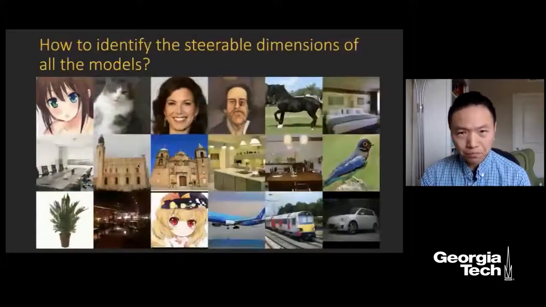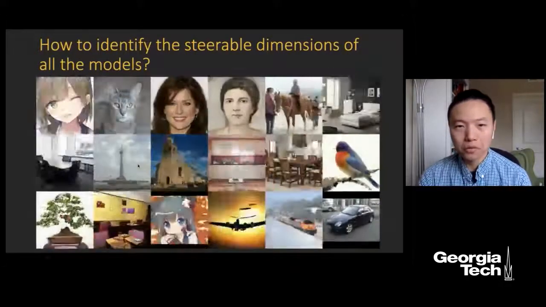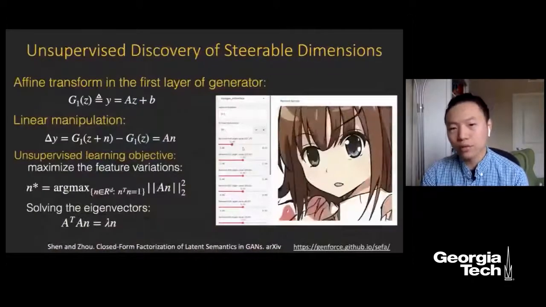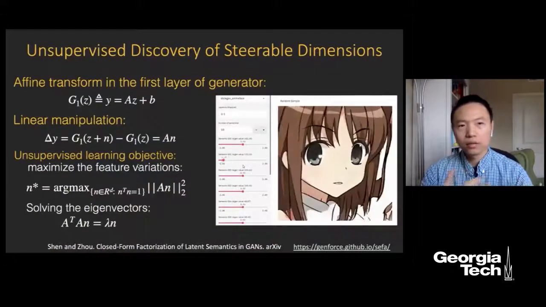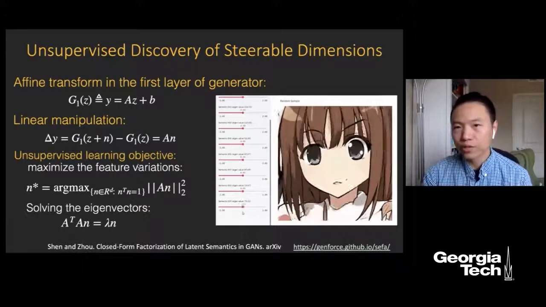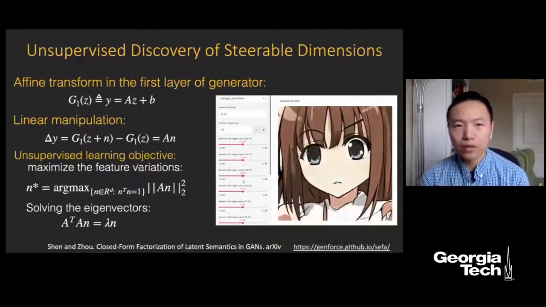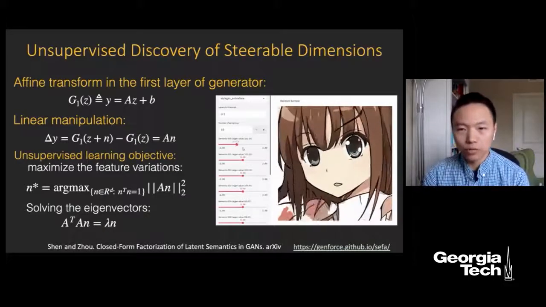Here, we want to identify all the steerable dimensions for different models. So we have this very recent work, a method for unsupervised discovery of steerable dimensions. We look into the representations of the generators and try to factorize the meaningful dimensions from these representations.